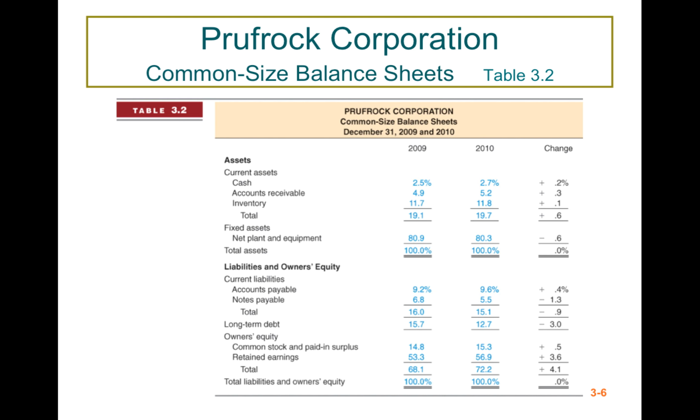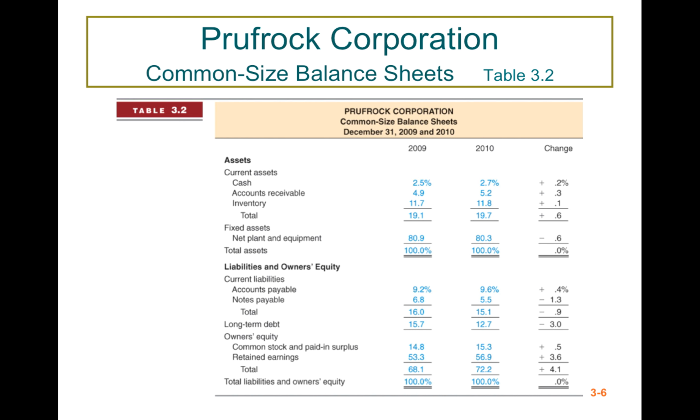The common size balance sheet gives you a percentage of total assets. So you might have a better perspective on things and how things are changing. For example, it's pretty evident from a real quick glance here that cash increased from 2009 to 2010.